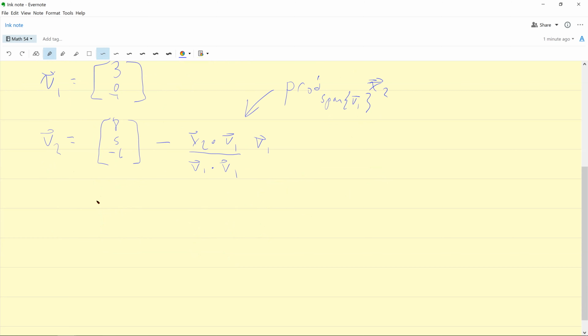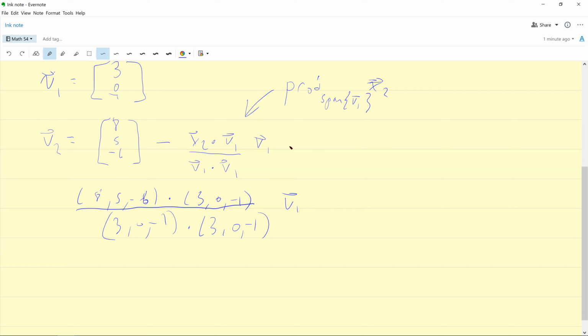So our top term is going to be 8, 5, minus 6 dot 3, 0, minus 1, and the bottom is 3, 0, minus 1 dot itself, all times v1.